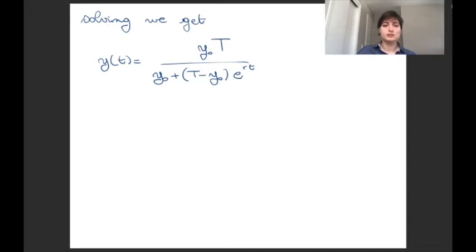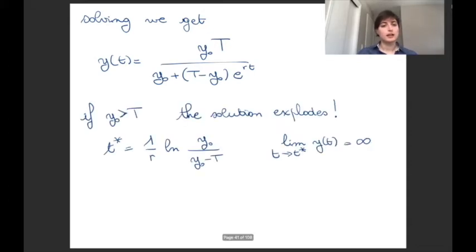So let's look a bit into that. If we start at y0 bigger than T, on the denominator the second part is negative, so there will be a certain time, small t, at which the denominator tends to 0, so the solution tends to infinity.